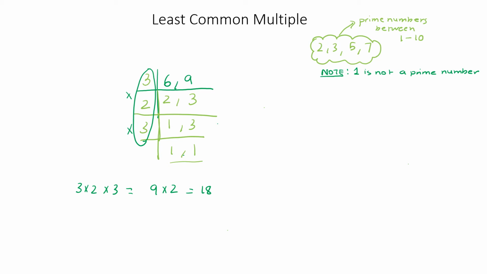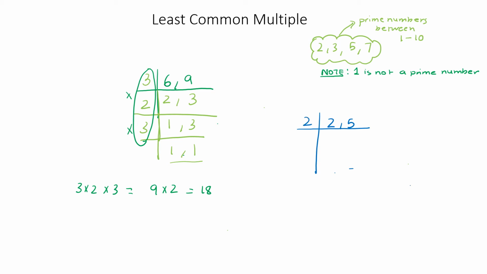Let's do another quick example. Let's take the first example that we had, 2 and 5. If I do 2 and 5 in a similar box, in this case, 2 and 5 are both prime numbers. So let's start with 2.